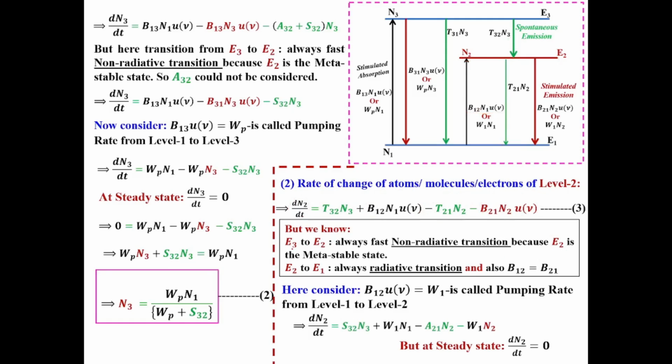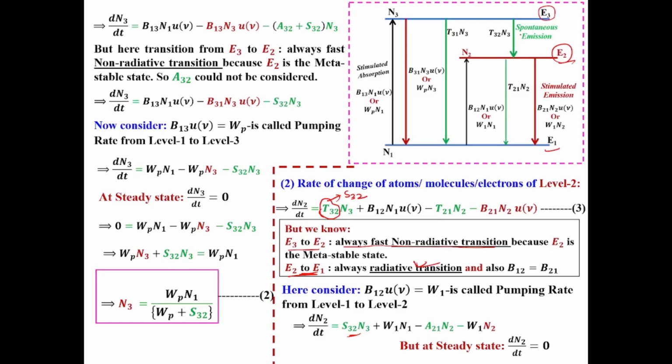E3 to E2 is always a fast non-radiative transition. So T32 will be written as S32, since non-radiative. E2 to E1 is always a radiative transition, and I am talking about spontaneous emission.